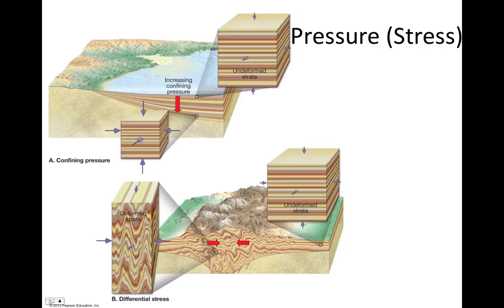Where, say, the rock is caught up in a convergent plate boundary, it's going to have a significant amount of pressure in the direction of the convergence, and that pressure is going to be larger than the pressure vertically or along the convergence, and so it's going to be squeezed in what is called differential stress. And this causes the rock to shorten in the direction of the maximal stress and elongate in the directions perpendicular to that.